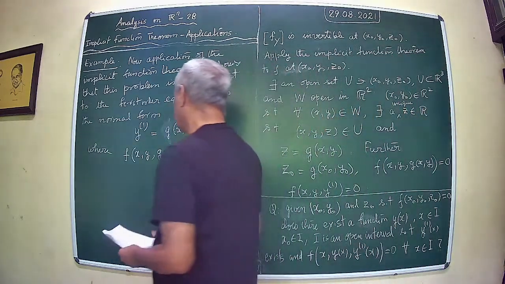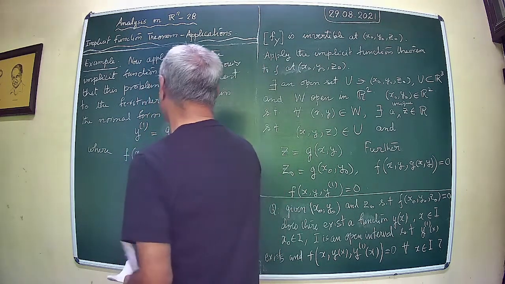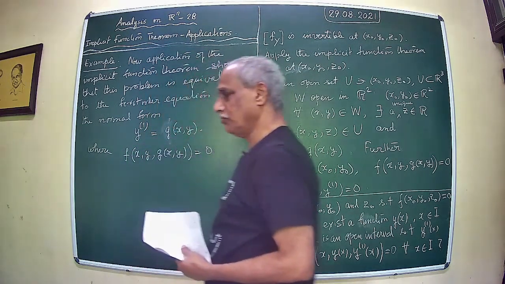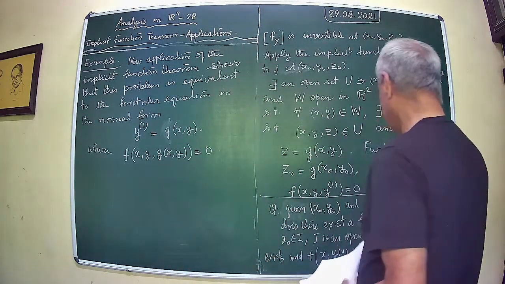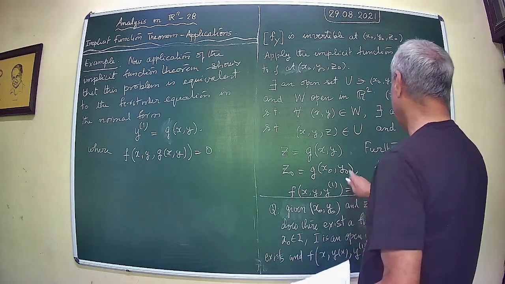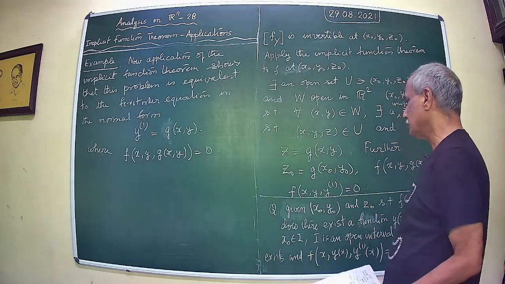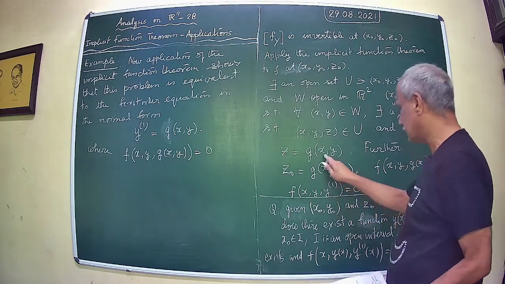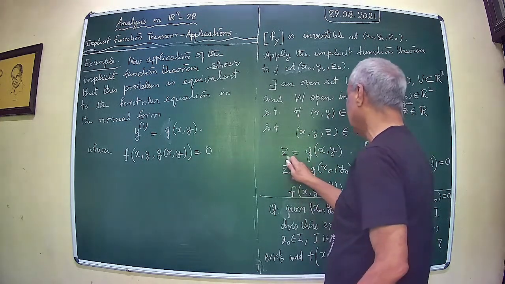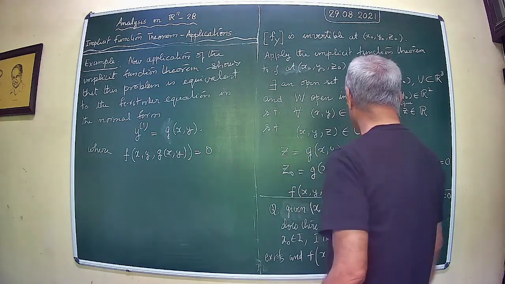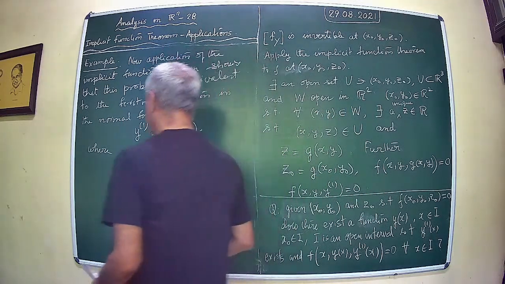Okay, and every solution of, see, because for given xy, z is uniquely defined, so that defines a function z is equal to g of xy. It's clear that these two are equivalent.